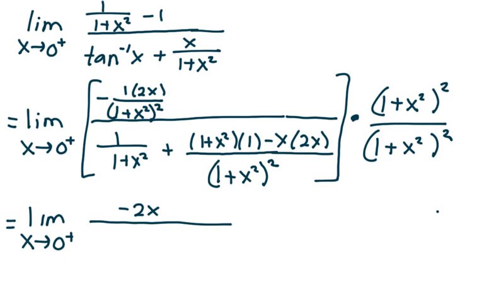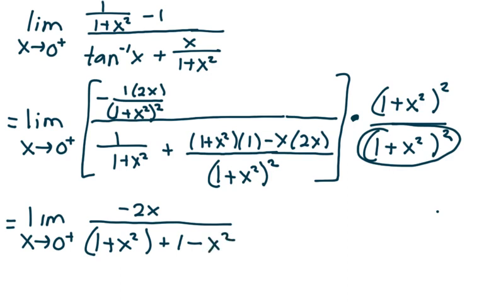The denominator, I'm going to take this 1 plus x squared squared, I'm going to multiply it by each of those terms. So I'm going to get 1 plus x squared, because there's still one there, plus 1 minus x squared.